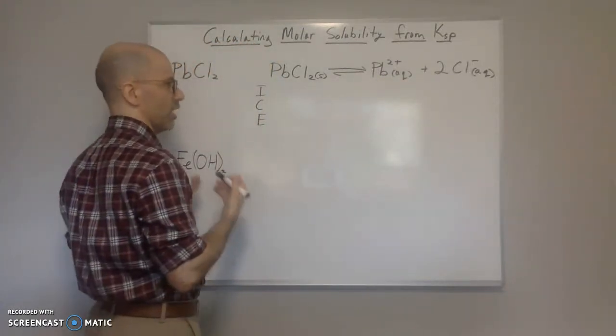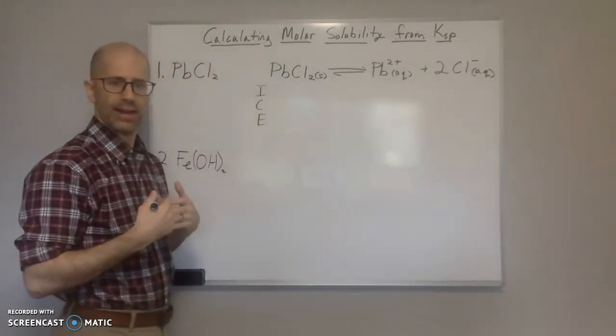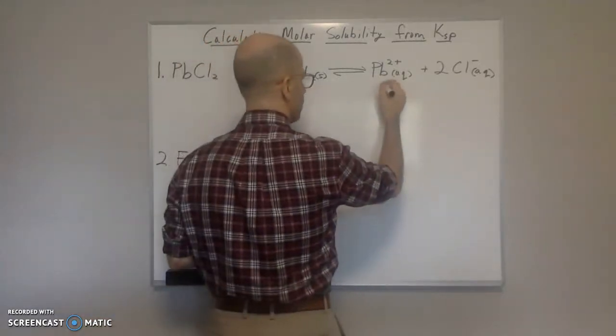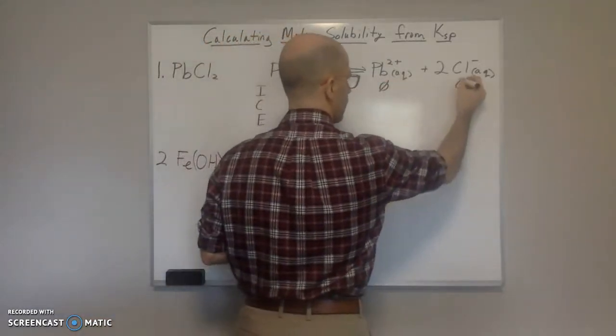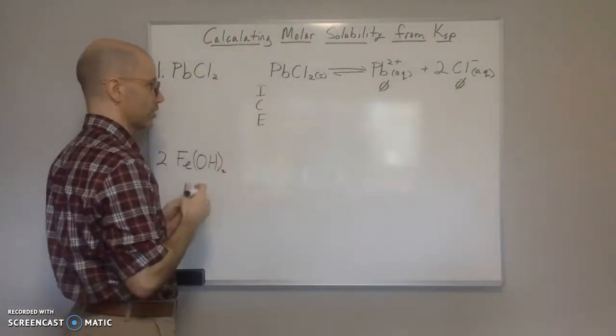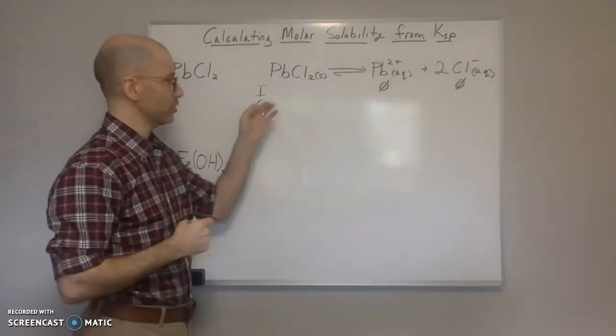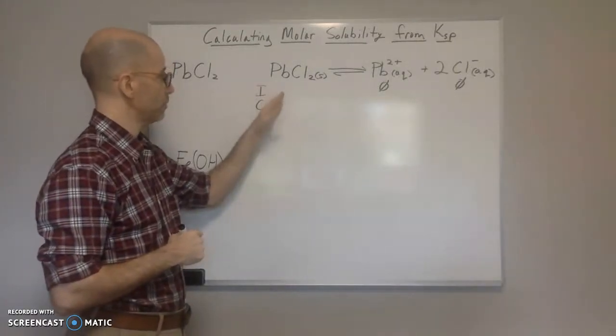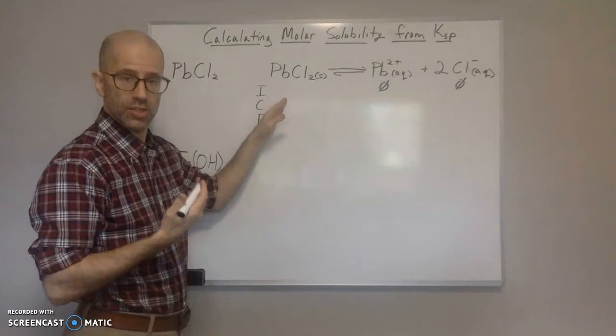So to begin with, it doesn't dissolve at first, right? So at the very beginning, none of it dissolves. So we're going to have 0 here, and we're going to have 0 there. Now for the change, a certain amount of your PbCl2 is going to dissolve.